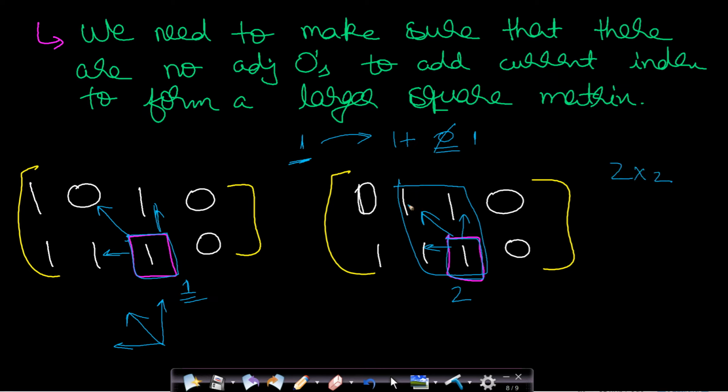But if you find even larger values, let's say these values were 2, 2, 2, then this one could have been added there to form a square matrix of size 3 by 3. So your answer could have been 3. So this is the approach: we need to find the minimum in all these three directions to make sure whether by adding this element we can extend the size of the square matrix or the size stays the same. Okay, so I hope you are understanding it.